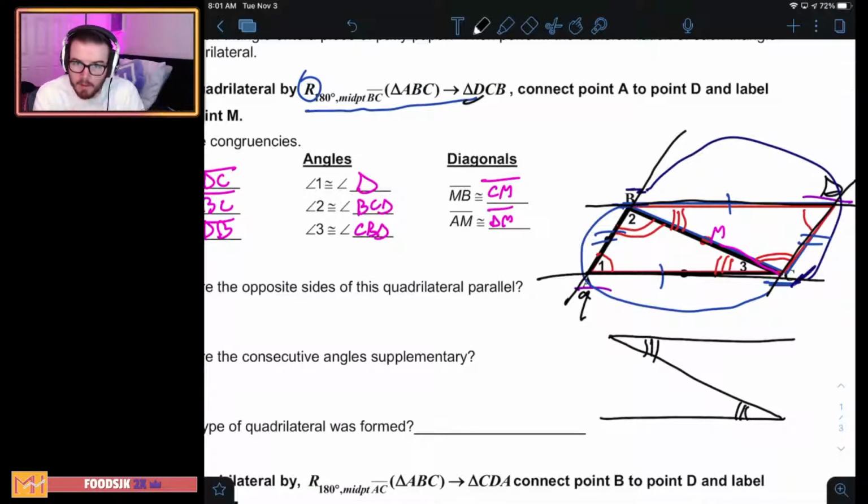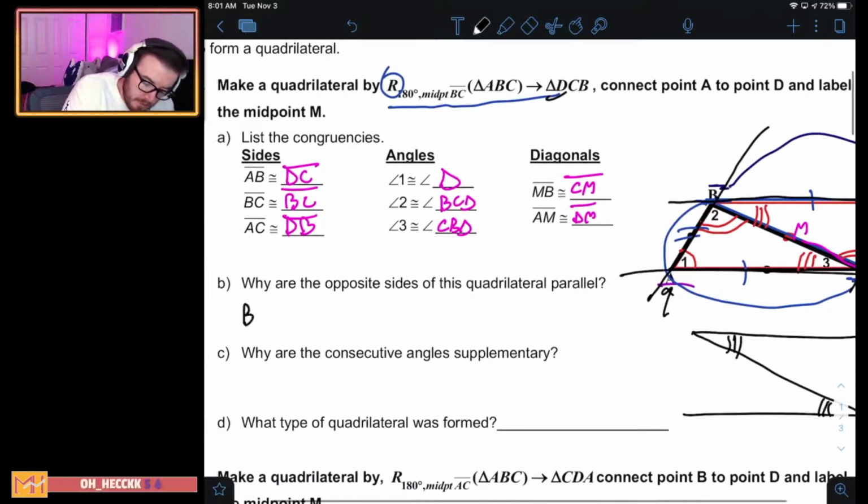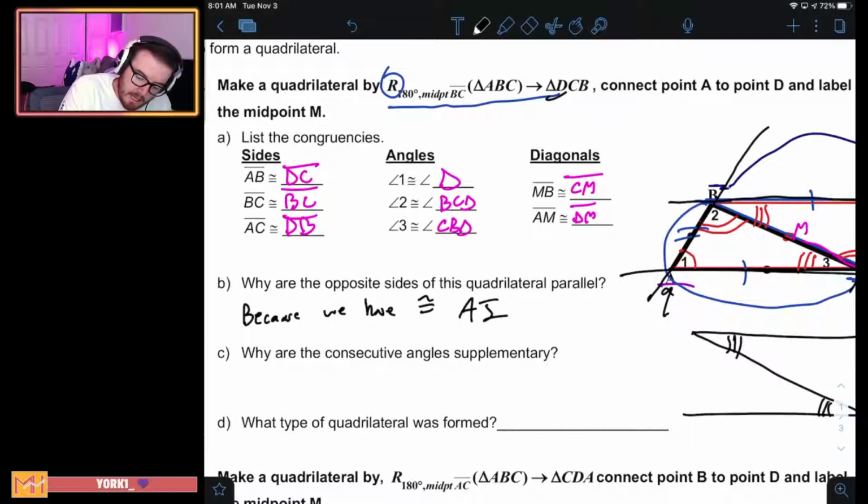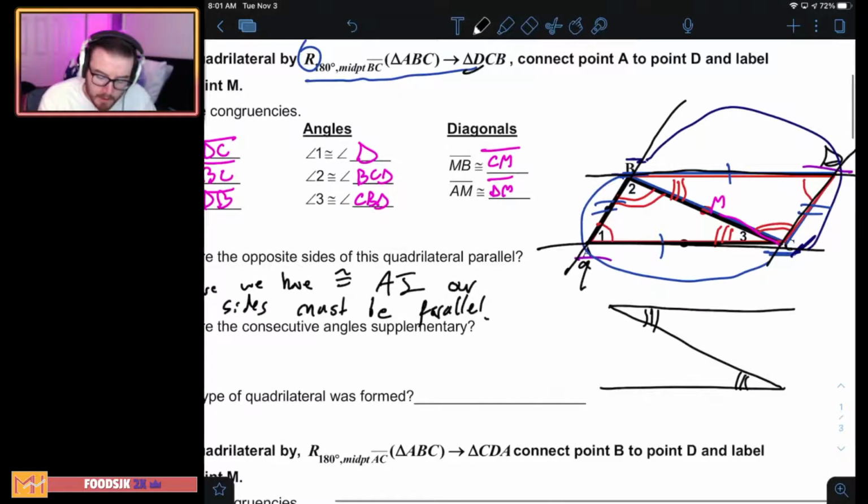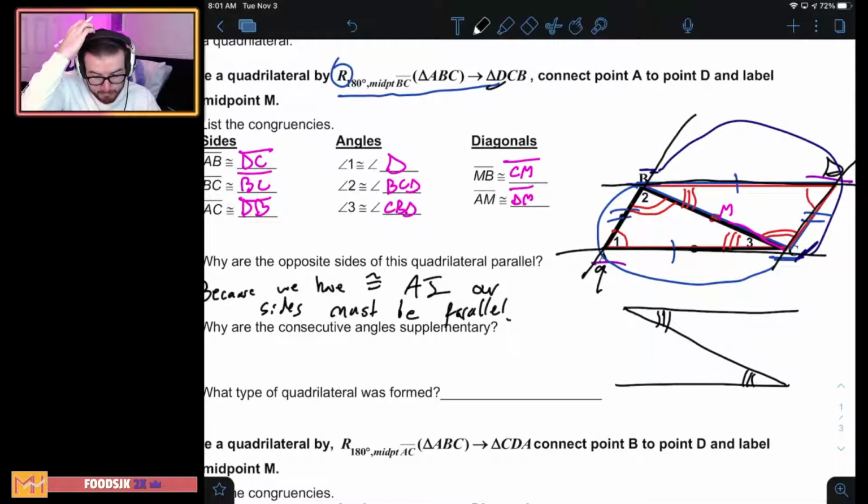Do you remember that angle relationship, hopefully? Because we have congruent alternate interior angles, our sides must be parallel. They must.